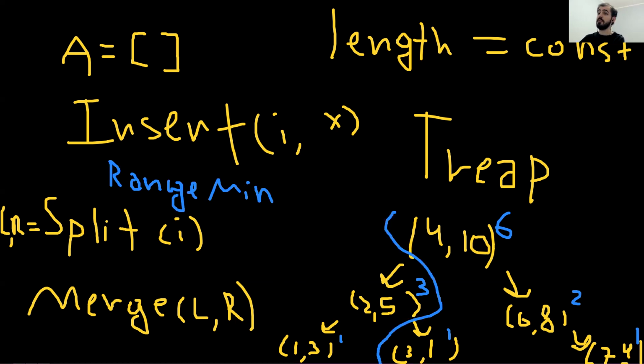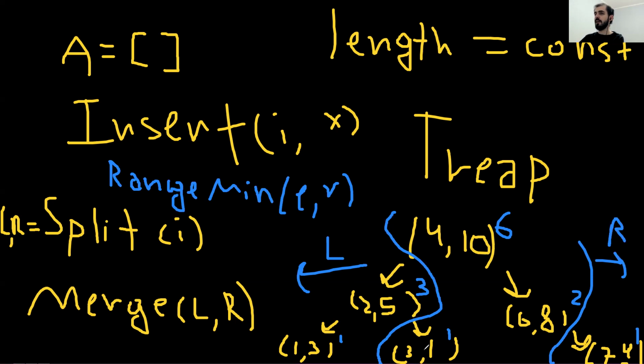You just split everything that's before L, and you split everything that's after R. And if you not only store subtree sizes, but also store the minimum, and you update the minimum in the log nodes that got changed when you were splitting, then the minimum will be just sitting here for you.